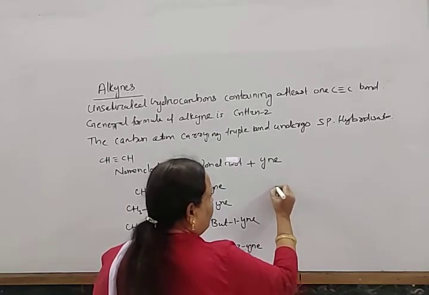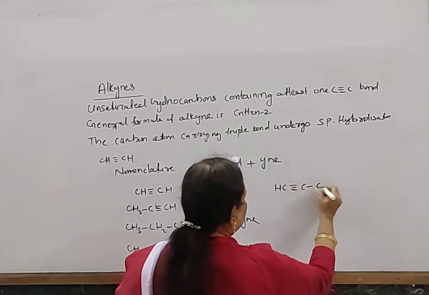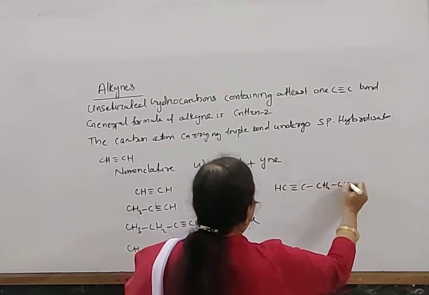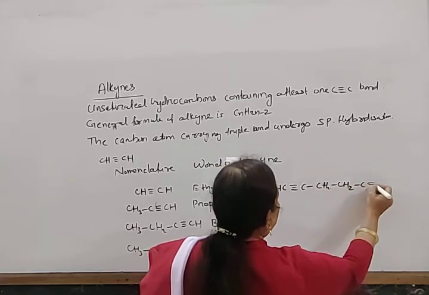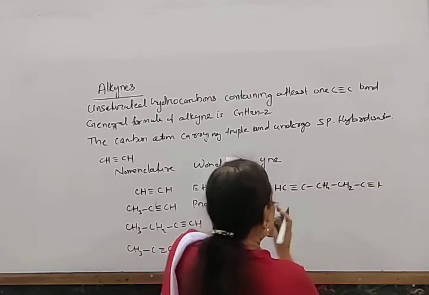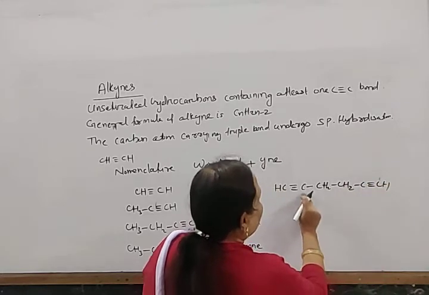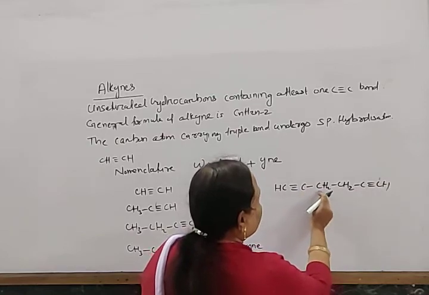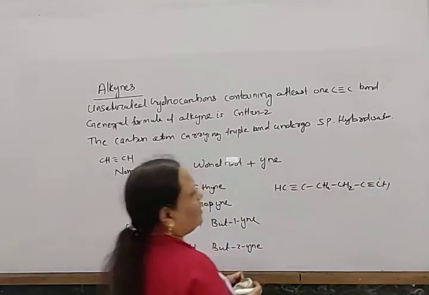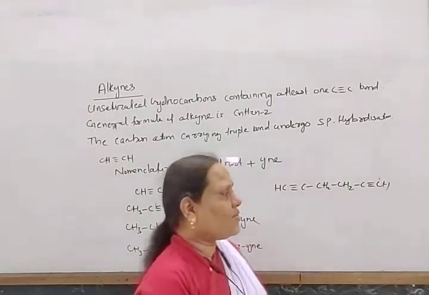For example, if this is HC triple bond C, CH2, and here C triple bond CH is there. So 1, 2, 3, 4, 5, 6 carbons are there.